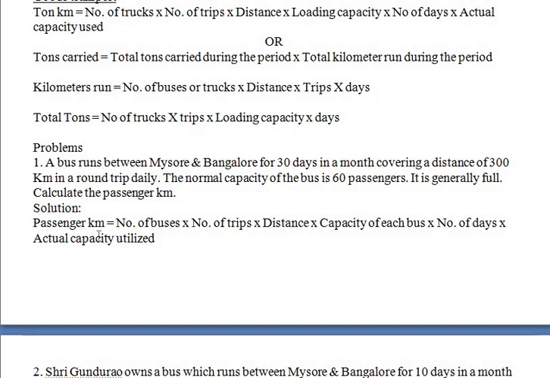The formula is passenger kilometer equals number of buses into number of trips into distance into capacity of each bus into number of days into actual capacity utilized.